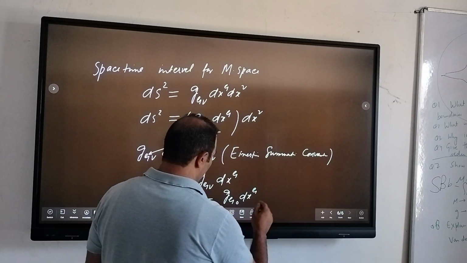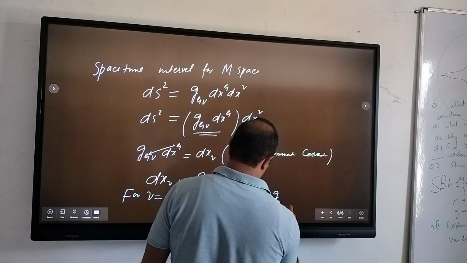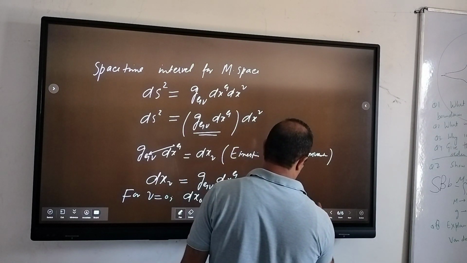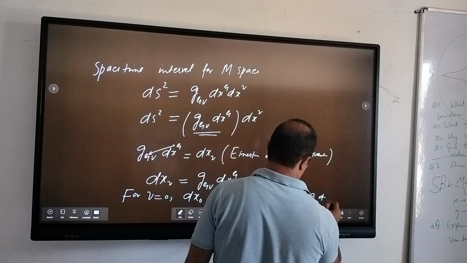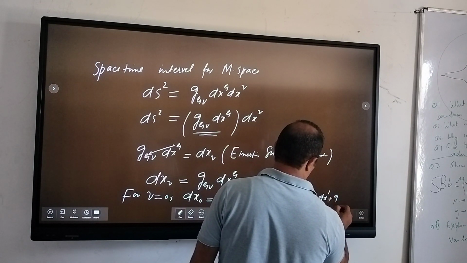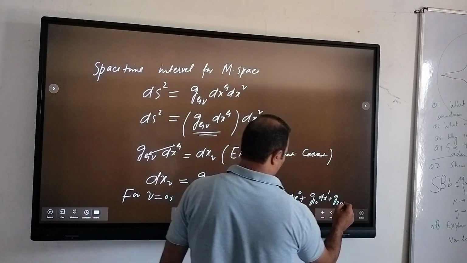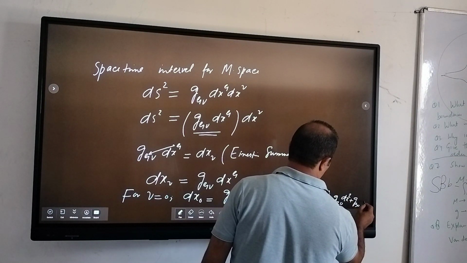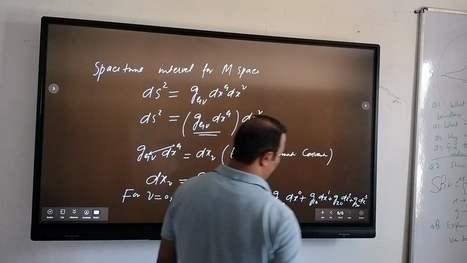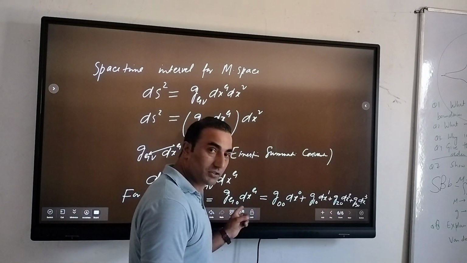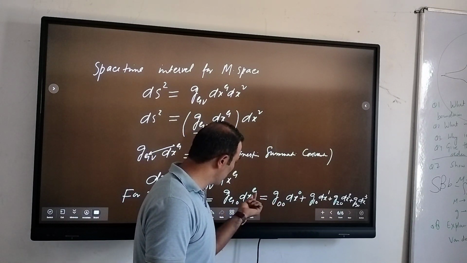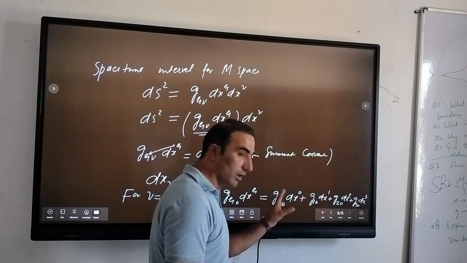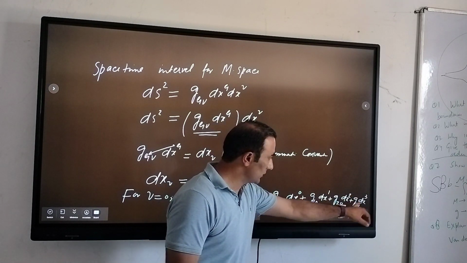So this will be g_00 dx^0, because first we take mu equal to 0, and similarly when you put nu equal to 1, 2, and 3, the same continues.